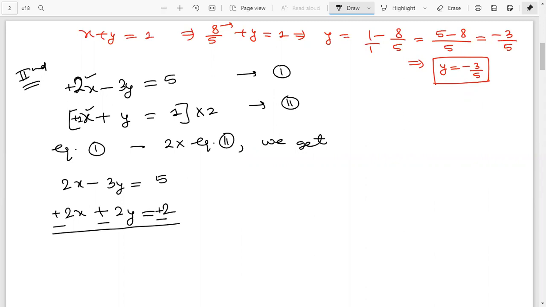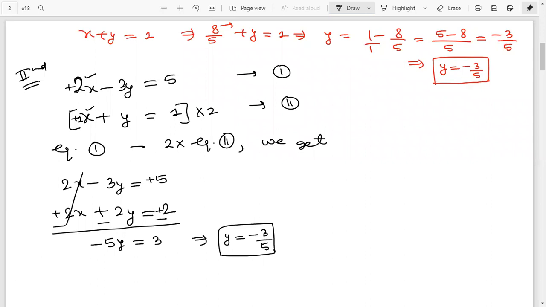In subtraction the sign gets changed, so the values are the same and signs are opposite, and they cancel out. Minus 3y and minus 2y will be minus 5y. On the right, 5 minus 2 will be 3. So the y value we got is minus 3 by 5.